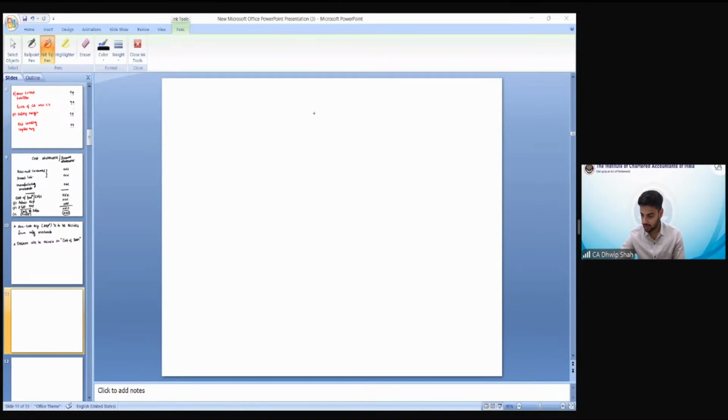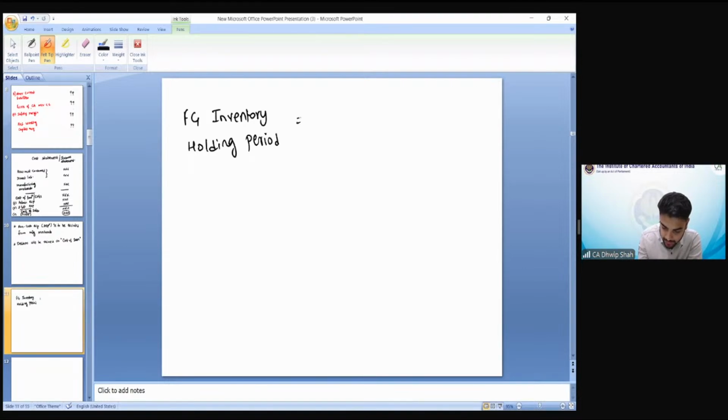Now let's learn the formula of each and every component. Number one, tell me inventory. Let's take inventory first. FG inventory holding period. This formula you have learned in the chapter of ratios. What is the formula of FG inventory holding period or FG storage period?